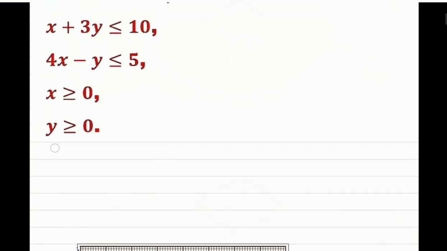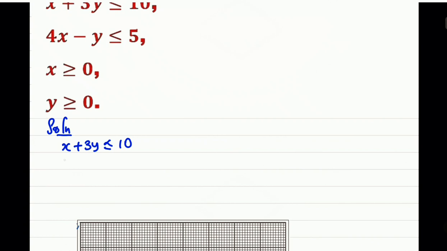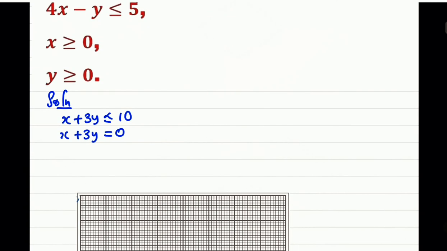The first constraint is x plus 3y less than or equal to 10. Once we have this, we write it as an equation, x plus 3y equals 10, because we want to draw a graph of it. Immediately, we find the intercepts: when x equals 0 and when y equals 0.